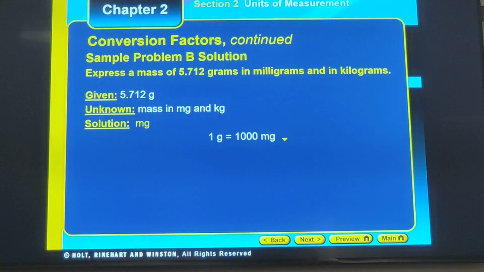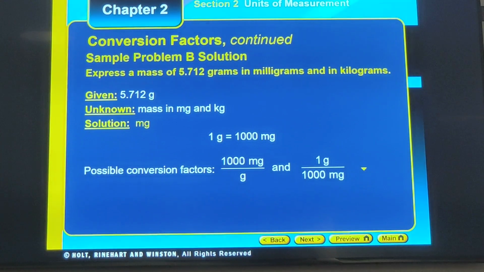That 1 milligram is equal to 0.001 grams. That's also true. So there's not just always one conversion factor. There can be more than one. So those are the other things that you could have. Okay, we'll probably use that one, or we could use this one that I have right here as well.